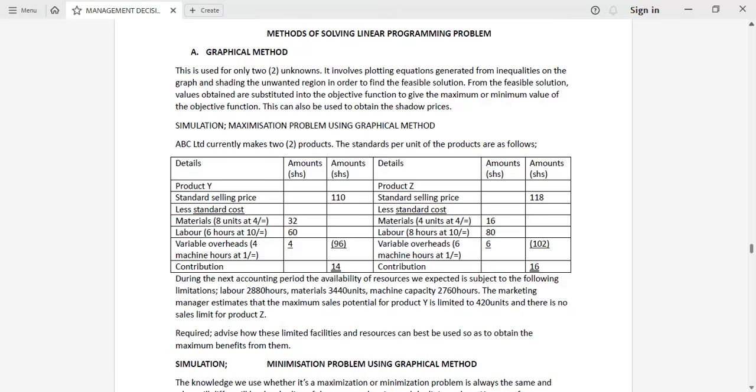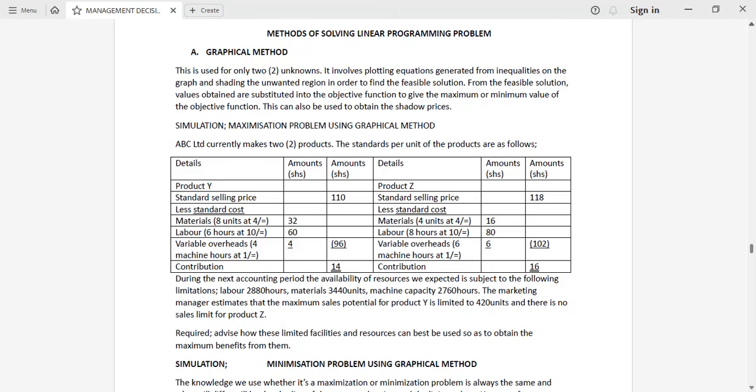So you'll find that if the profit has been 20 million, when you add an extra 1 hour, the profit may have gone to 22 million. If someone asks you what the shadow price is, it will be that extra amount that came as a result of the additional 1 hour, which is 22 million minus 20 million. That 2 million is what we call the shadow price.